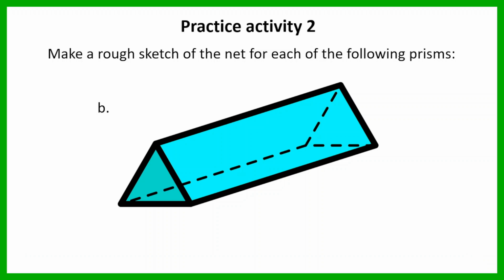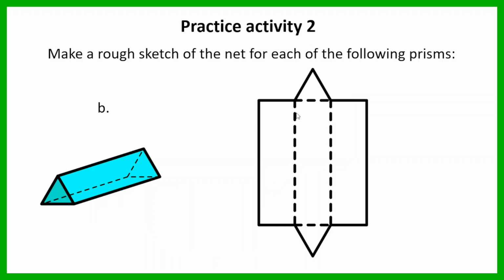Okay, so let's have a look at what your net should look like. For this one over here, you should have 3 rectangles for the lateral faces and 2 triangles for the 2 ends. When you're doing the nets for prisms, it's generally easiest to have all the lateral faces in a row between the 2 ends or the base shapes. That's just the easiest way to do the net.